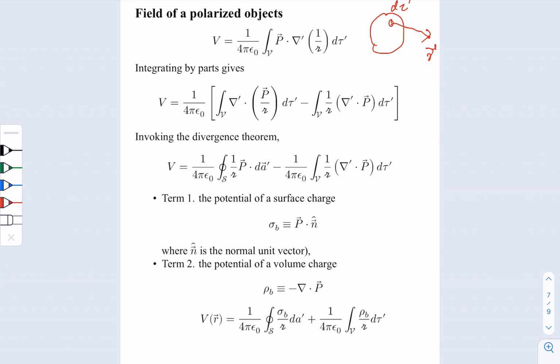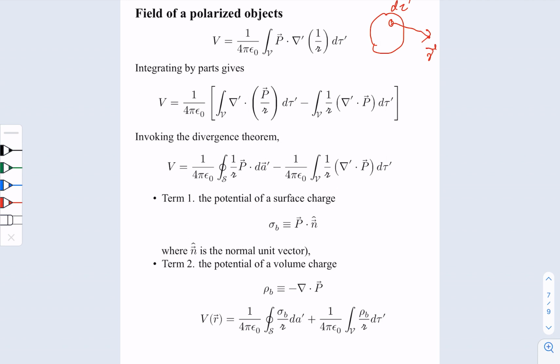This means that this term is saying that what this P vector gives, at least one term, is equivalent to an induced charge on the surface of your object. Remember that we are always looking at this finite size object, and on the surface of this object there will be some induced charge, and it's defined by P dot n.